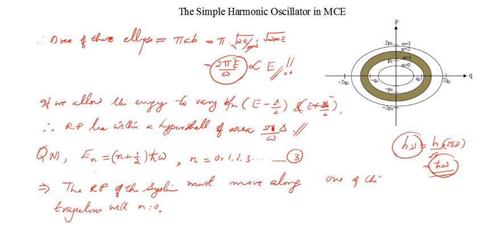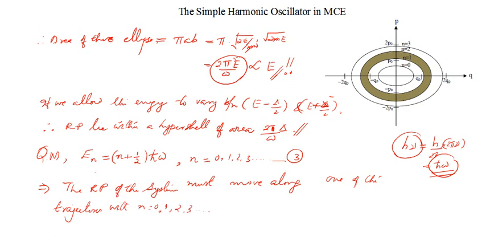That is what we call the zero point energy in the case of the harmonic oscillator. Or it can move along another trajectory with n equal to 1, when the energy will be 3 by 2 h cross omega. When n equal to 2, the energy will be 5 by 2 h cross omega. So all energies are not possible in quantum systems.